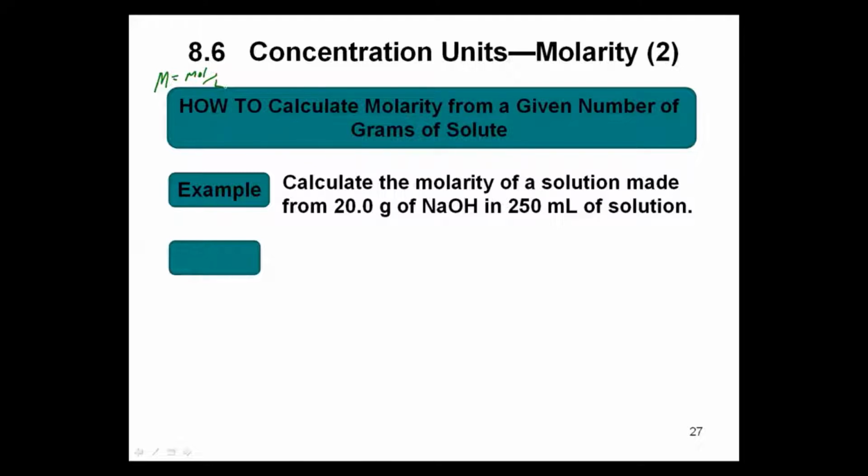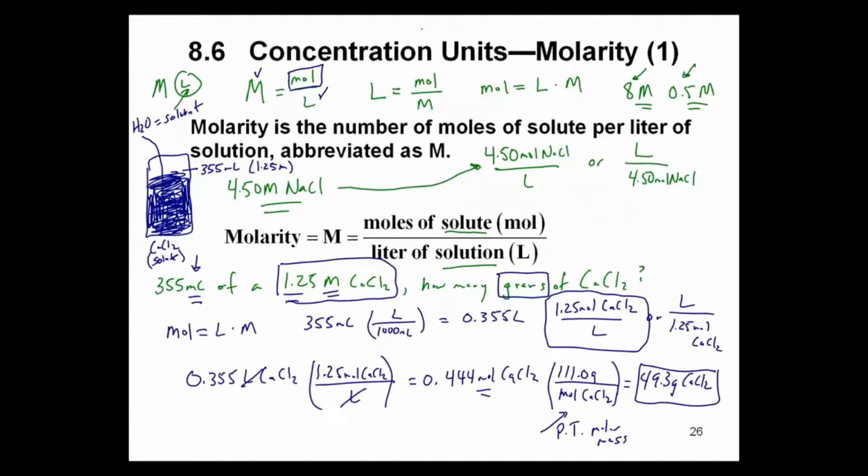If you have the liters and the molarity, which is a very common calculation, you can get the moles, and that's something that you do a lot in chemistry. If you have the moles and the molarity, you can get the liters from that by dividing the 2. So those are 3 ways that you can rearrange this equation to solve for what you're looking for.